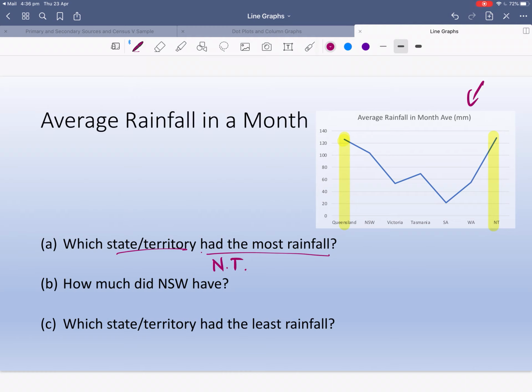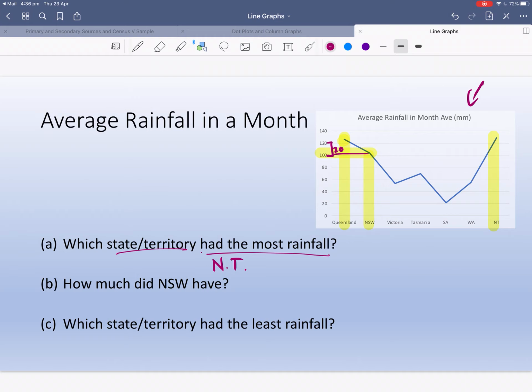How much did New South Wales have? All right, let's have a look at New South Wales. It's here. If I go up from here with New South Wales and I go across, it will tell me how much it is. Now, I want to look at something. See how between these two there's about 20 mils because it goes from 100 to 120. And it's a bit above that because it's around here.